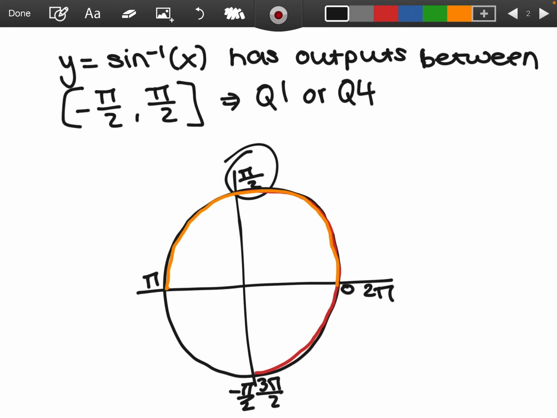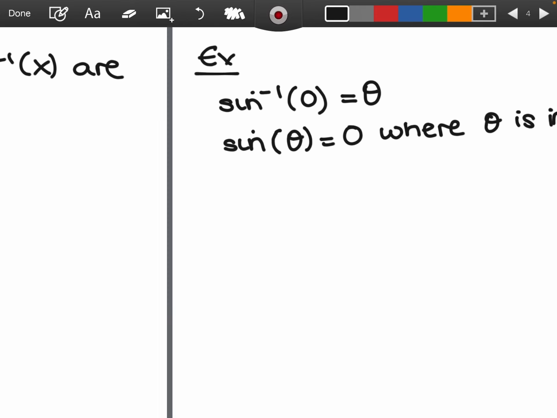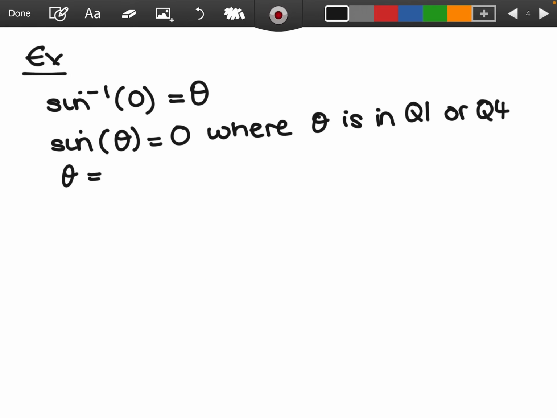So if we look at this, we want something that has a y coordinate of 0, because we're looking for a theta such that its y coordinate on the unit circle is 0. That's right here at 0. At that point, you have an x coordinate of 1 because you're looking at a unit circle, it has radius 1. It has an x coordinate of 1, but because you are on the x-axis, its y coordinate is 0. So that tells me that theta equals 0.